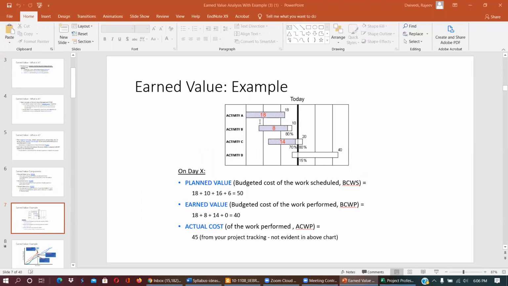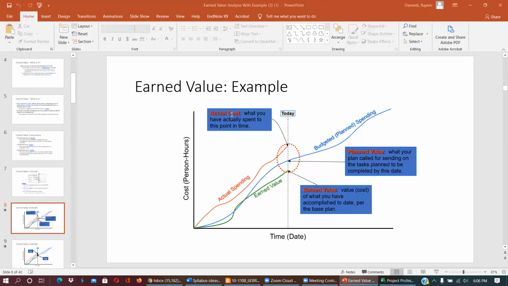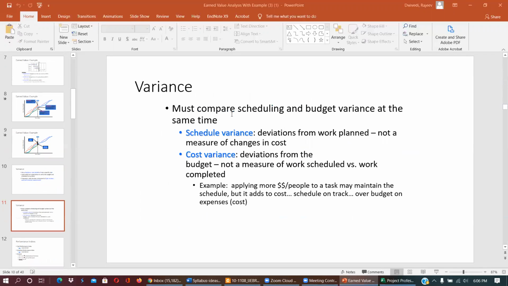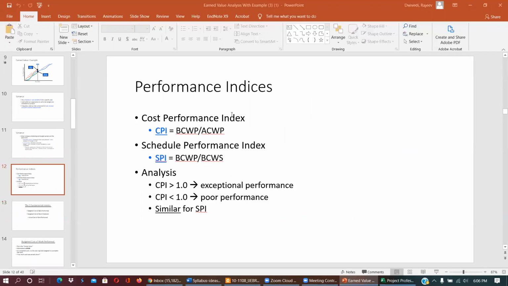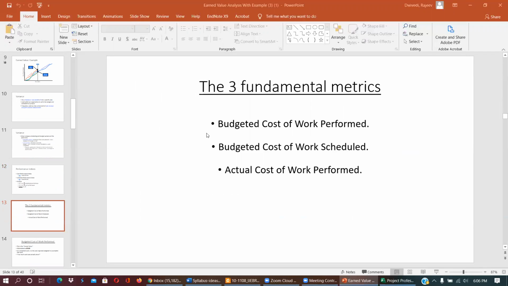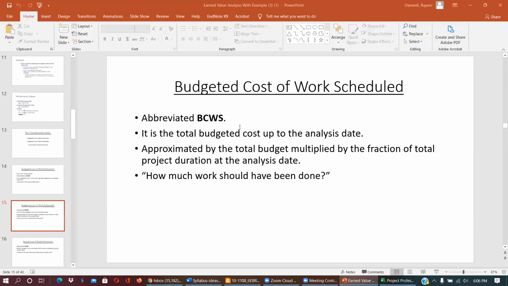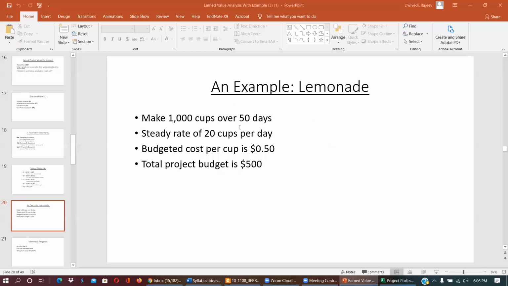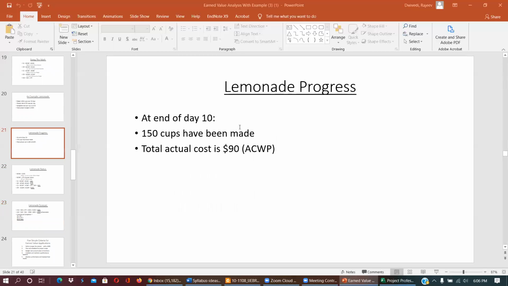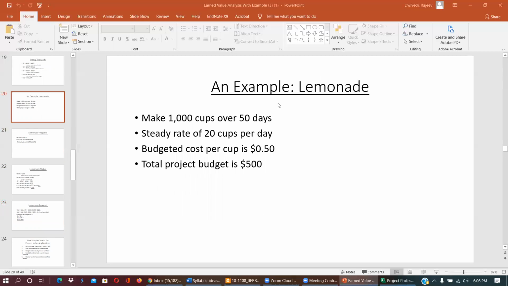So this is the example. I'm just directly jumping into this, and then we will go back and see everything.